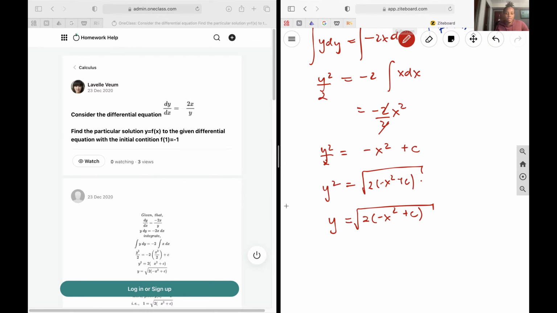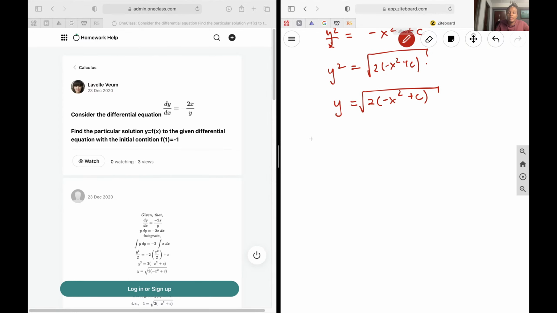Okay, now I've been given a specific solution, and I have f of 1 is equal to -1. And so I can figure out my c from this. I have -1 is equal to the root of 2 times -1 squared, which is -1, plus c is equal to -1.